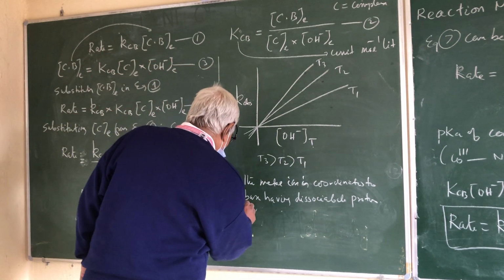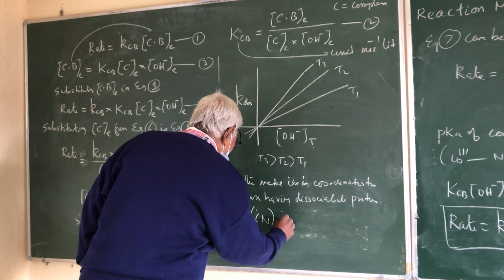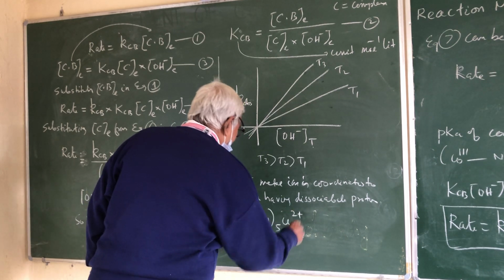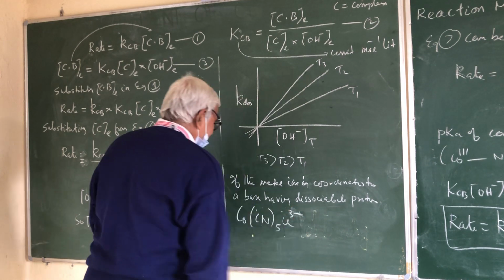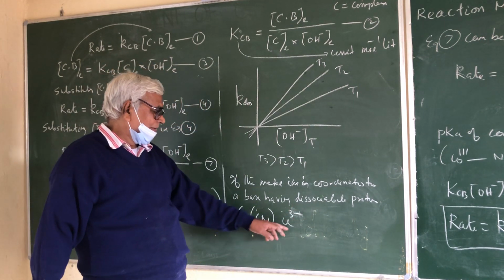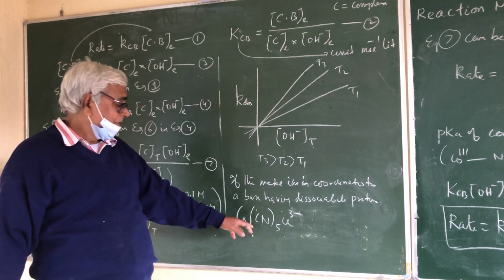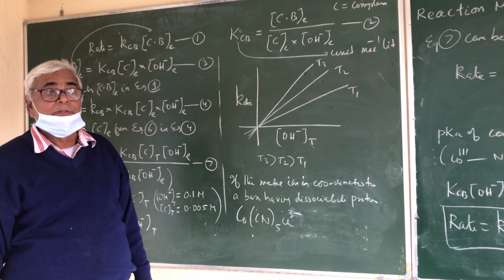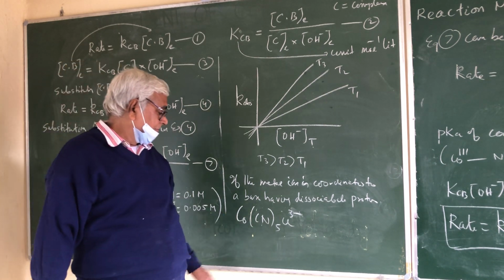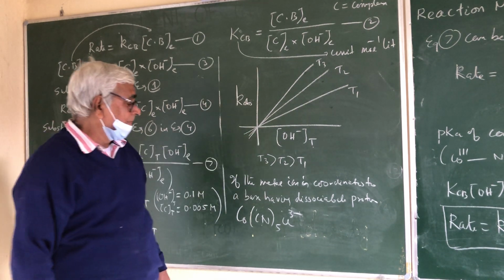Suppose you take a complex like this, Co(CN)5Cl, which will be 3 minus. 5 cyanide ions are there, 1 chloride ion is there. There is no NH proton. So since there is no NH proton, no conjugate base formation is possible. If no conjugate base formation takes place, then the SN1CB mechanism will not operate.